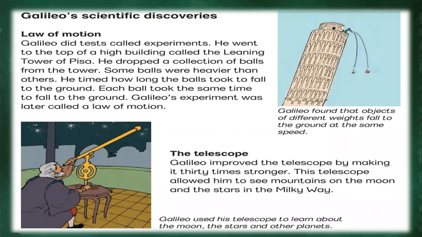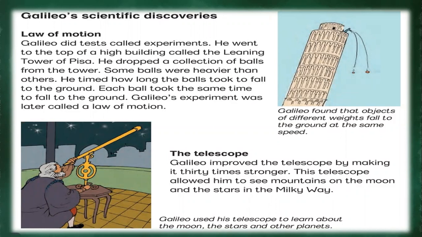So he was on top of the building and he threw objects, and they fell at the same speed. That's what he identified. That was called the law of motion.